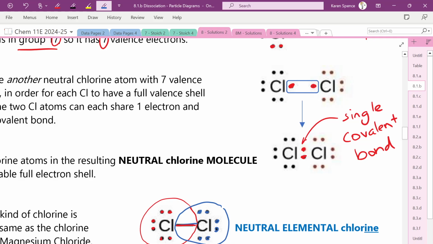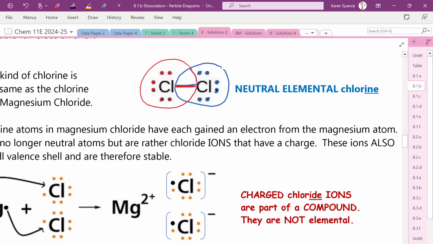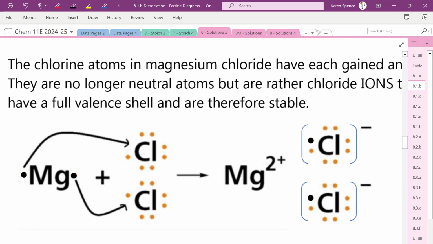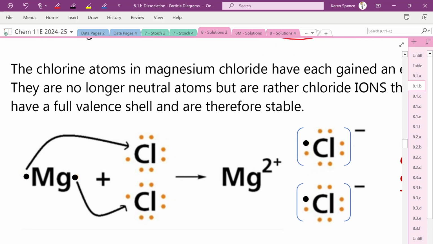However, we weren't given chlorine Cl2, we were given MgCl2. How does chlorine get a full shell in MgCl2? It grabs some electrons from magnesium, so they don't have to share with each other. So magnesium gives an electron and fills in that space. It gives an electron to the other chlorine and fills in that space.